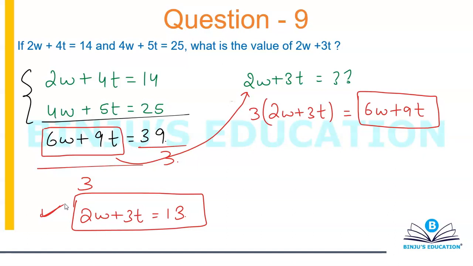Otherwise, yes, you can calculate the value of w, you can calculate the value of t, you can plug it in, and you can also find out your answer. But these things are going to actually save your time in the exam.